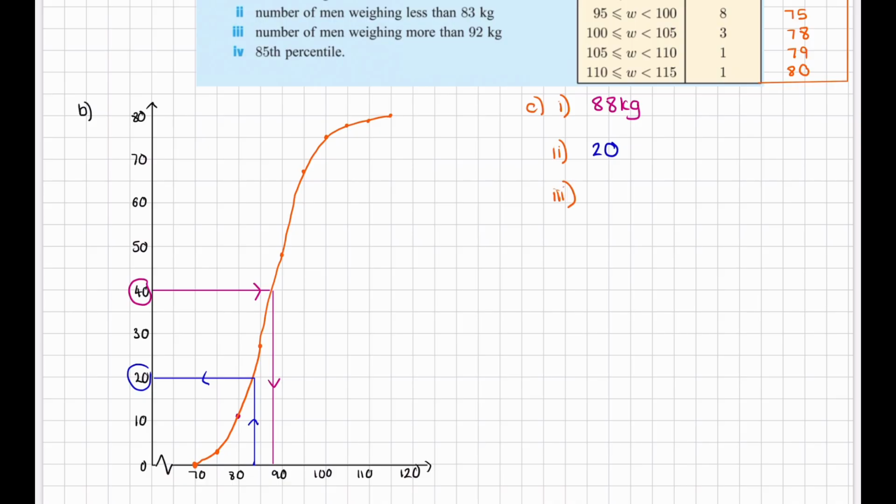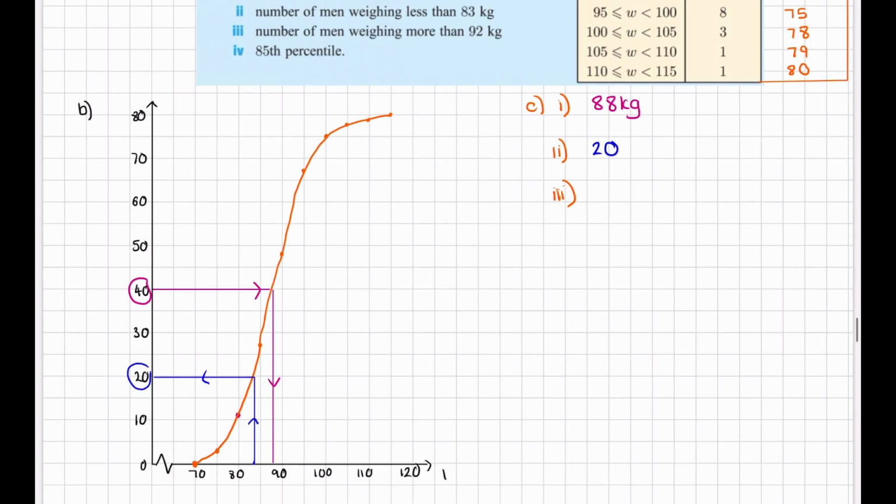Part 3, number of men weighing more than 92. So we're going to go to our x-axis because that is our kilos. And we want 92. We go up to there. Reading up and across for this one, and I'm going to say that's about 56.